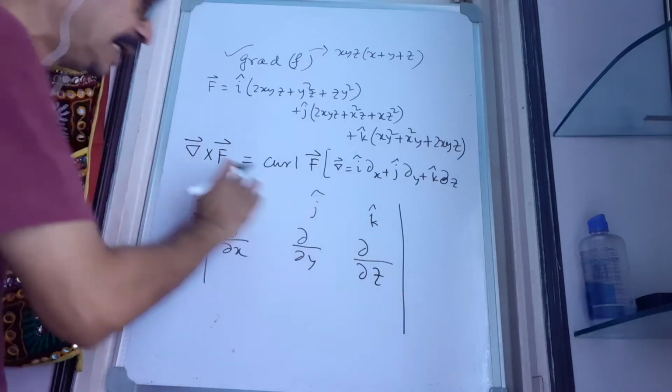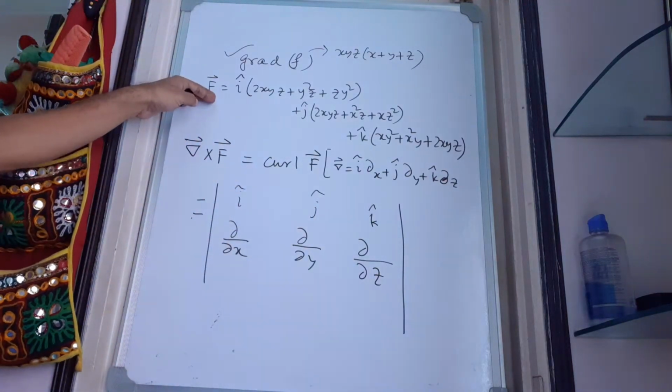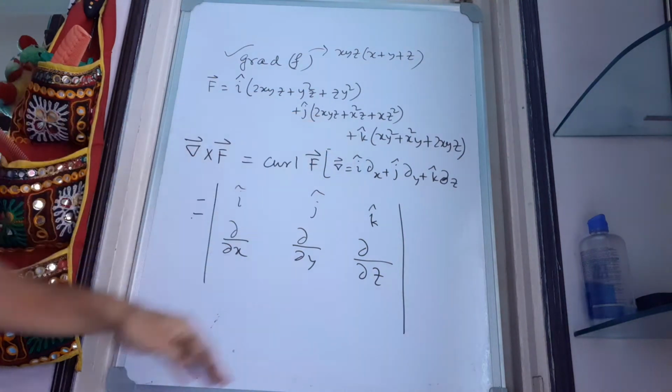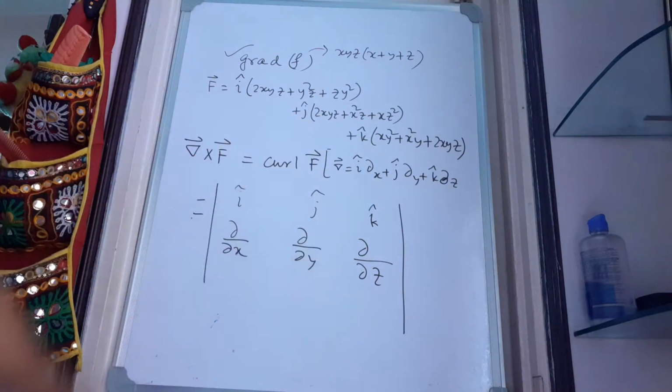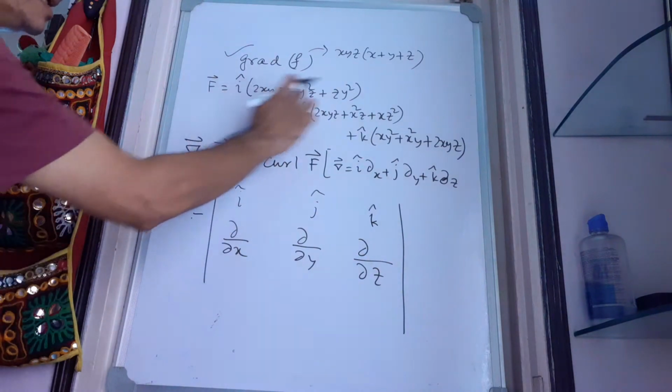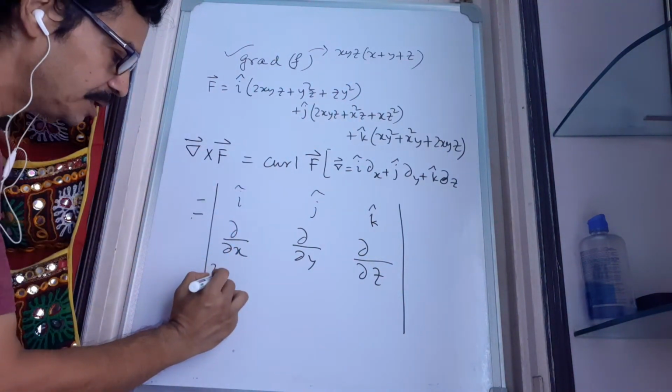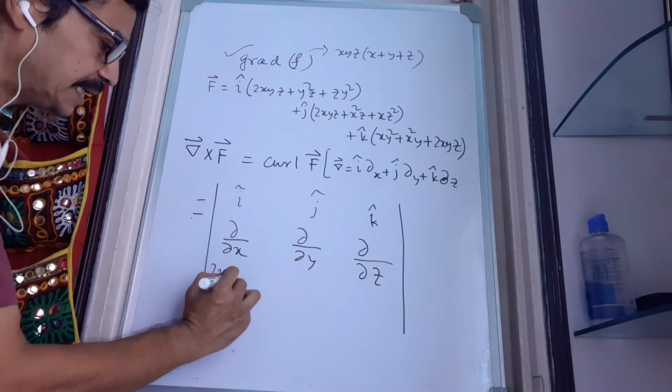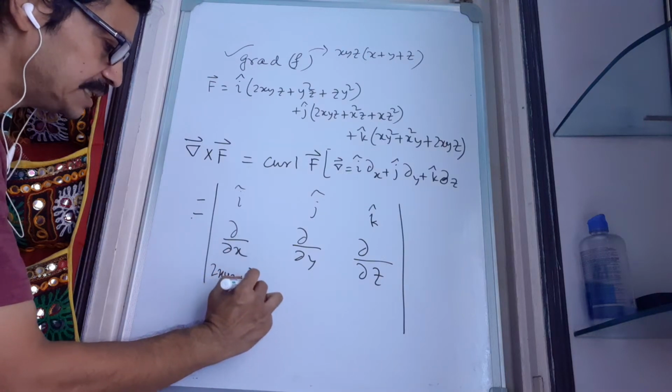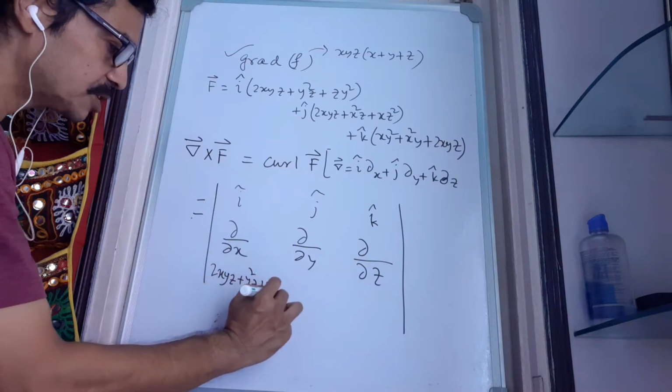And then we write the components of F as i cap, j cap, and k cap. Similarly, in the first column, we write the component of i cap, which is 2xyz plus y square z plus yz square.